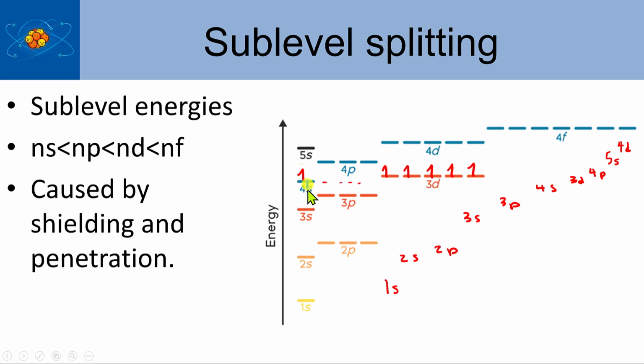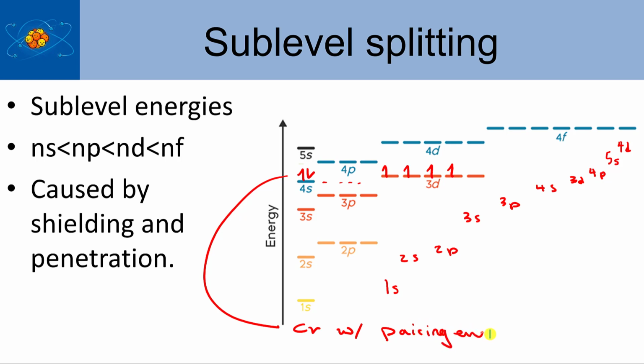The other thing that's going on is we have some pairing energy that would go on if chromium looked like this. So this is chromium with pairing energy. And so if I take this electron out, I can get rid of that pairing energy.